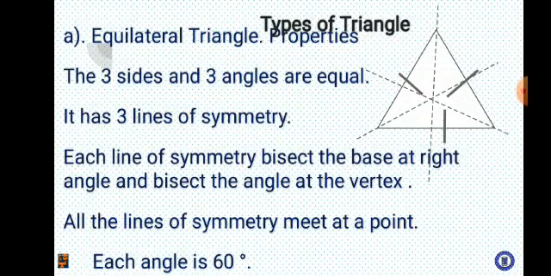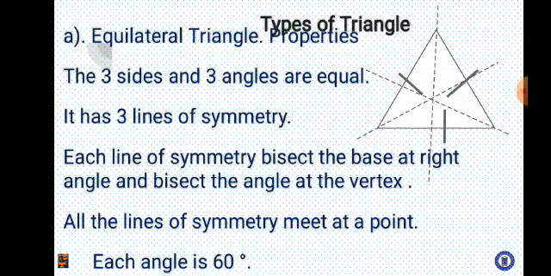The first one is equilateral triangle. The properties: the three sides and three angles are equal. It has three lines of symmetry. Each line of symmetry bisects the base at right angle and bisects the angle at the vertex. All the lines of symmetry meet at a point.